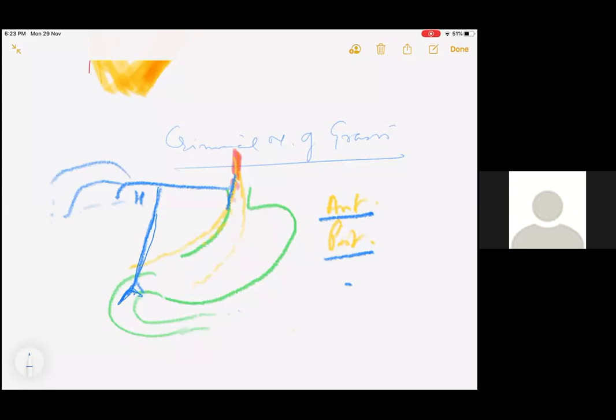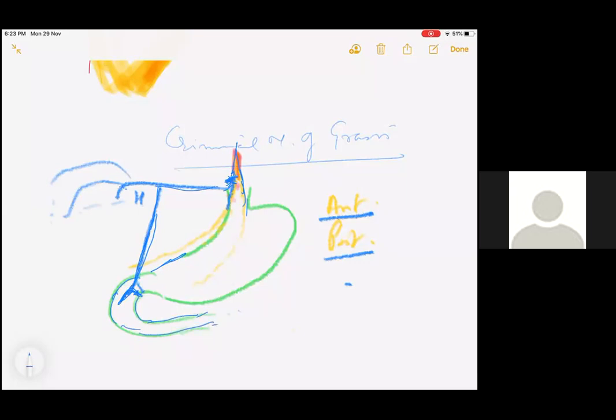So whenever you do a truncal vagotomy, you have to do a drainage procedure. Now, if I cut it here, the nerve is divided already. This is the other one. If I cut it here, I'll be cutting off the hepatic branch as well, which will lead to denervation of the pylorus, and that will lead to lack of drainage.